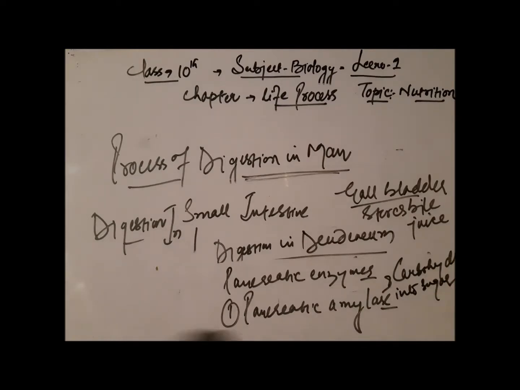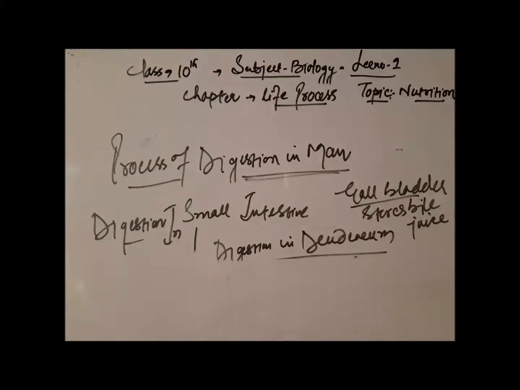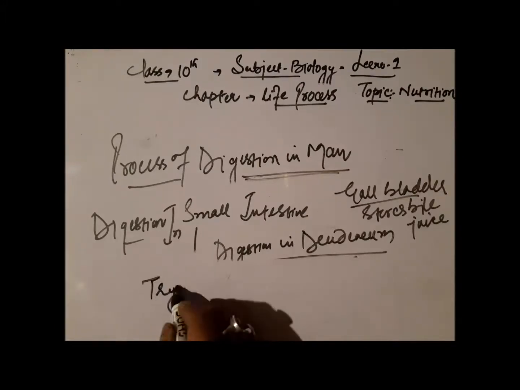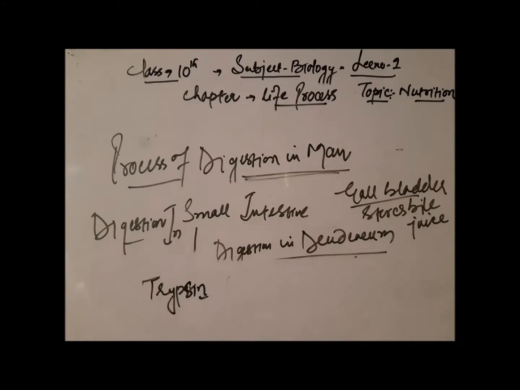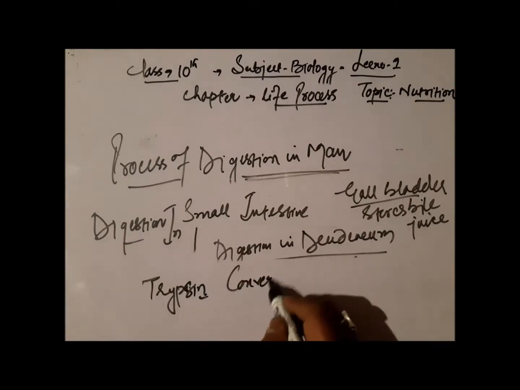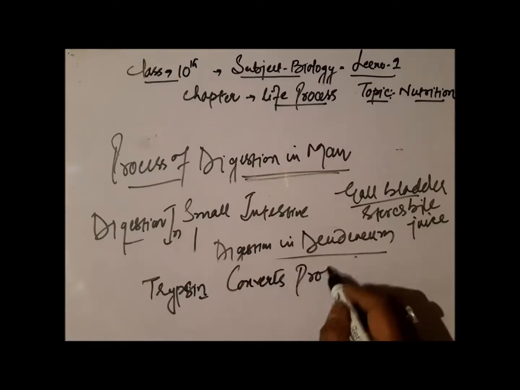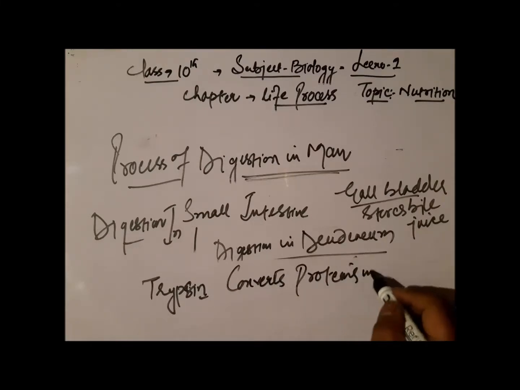Number second, trypsin. This is also the enzyme present in pancreatic juice. Converts proteins into amino acids.